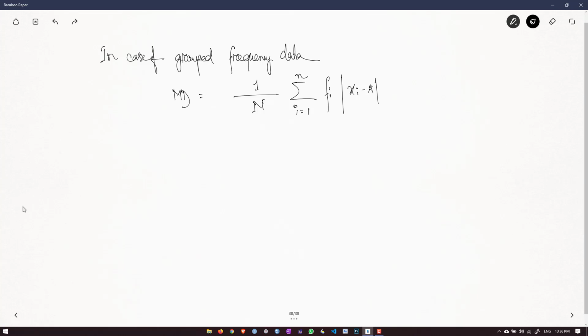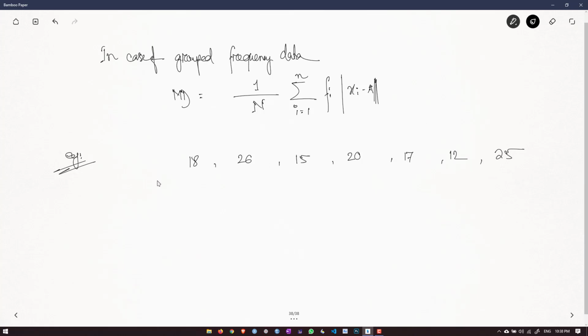So let's take an example. The numbers are 18, 26, 15, 20, 17, 12 and 25. These are your numbers and we are supposed to find the mean deviation. By default, if you are asked to find the mean deviation, it means mean deviation about mean, that means about arithmetic mean.